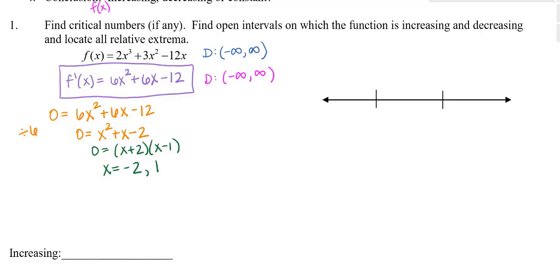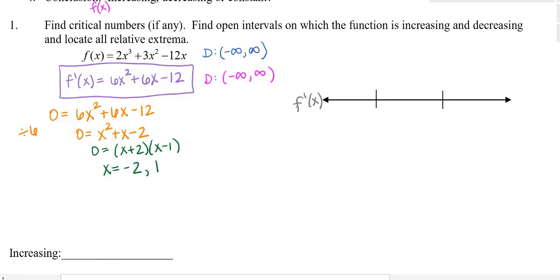So I'm going to go over to my number line now that I drew, and I'm going to label it first and foremost f prime, because that's going to tell us that our conclusions are first derivative conclusions, increasing, decreasing, and could be potentially constant.